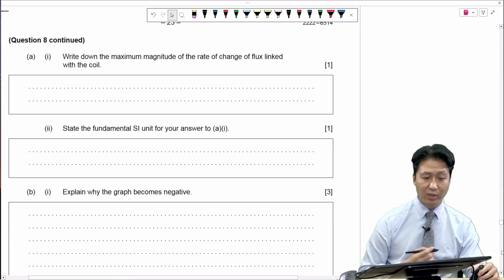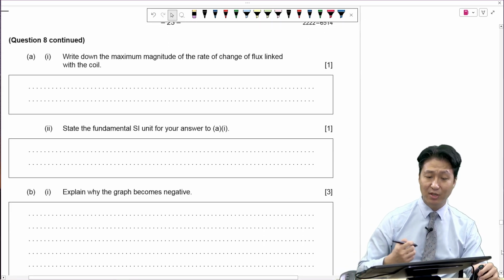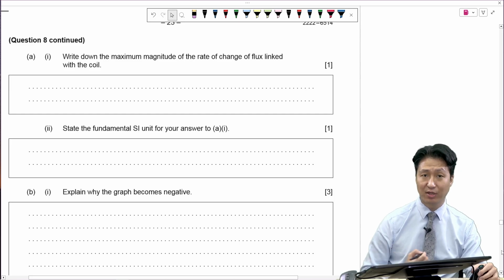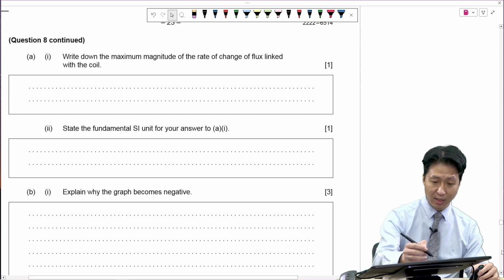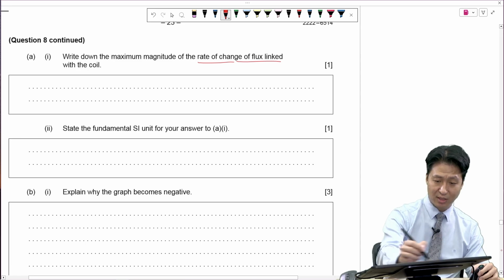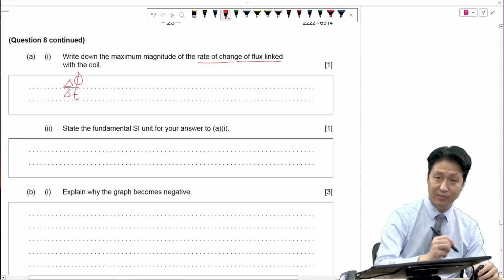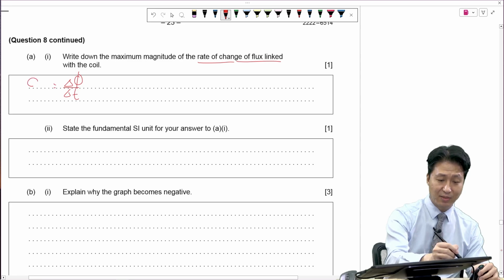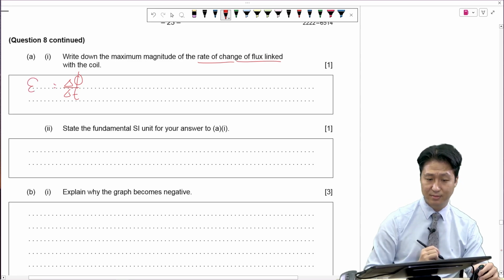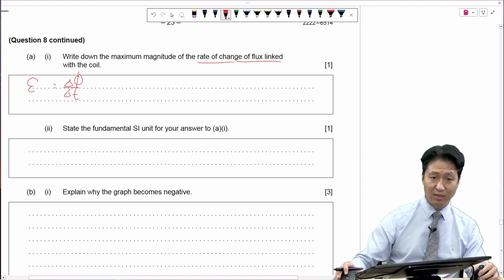Part A, number 1, write down the maximum magnitude of the rate of change of flux linked with the coil. Now, rate of change of flux is delta flux over delta time. This is the EMF induced in the coil. So if you want to get the maximum magnitude of such, you have to go back to the graph.